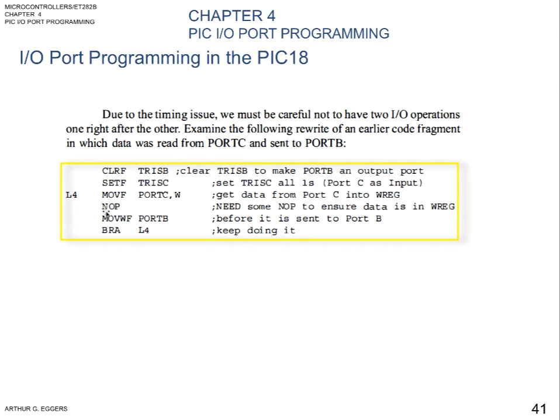Now we've got an operation here called NOP. We need some NOP to ensure that data is in the working register before it is sent to port B. Moving the working register file to port B, we do a branch L4, and again we've got a loop to make it keep doing it over and over.